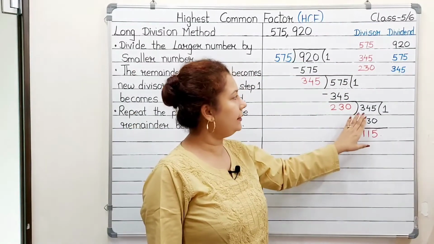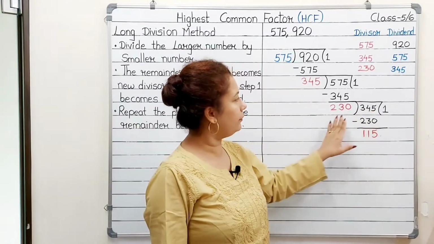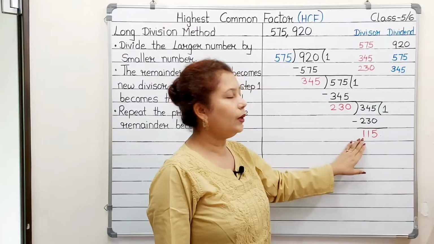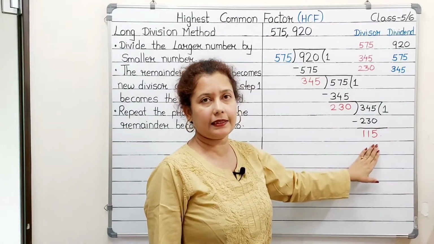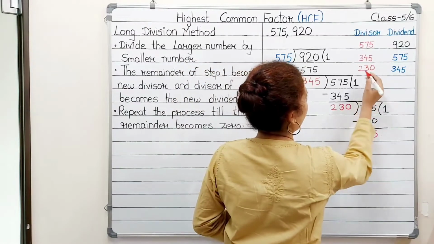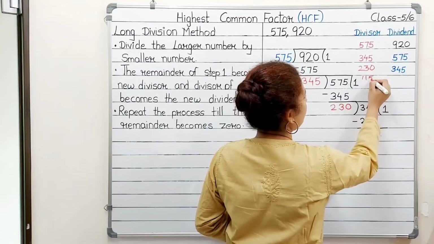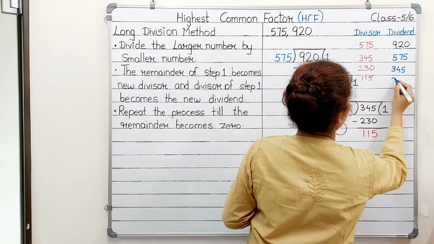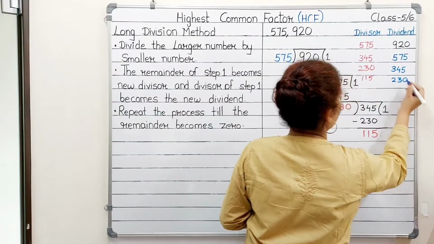When we divide 345 by 230, we get 1 as the quotient and 115 as the remainder. So here again 115 will become our new divisor and 230 will become our new dividend.